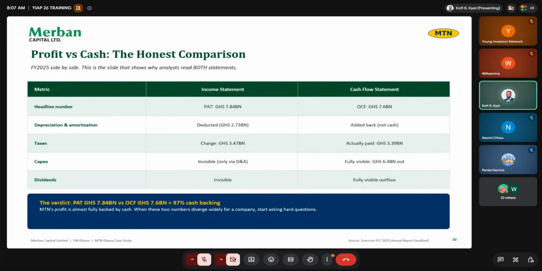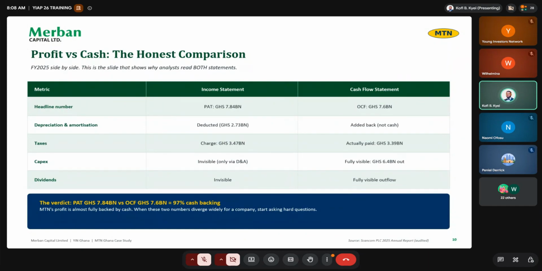Capex is not very visible, and D&A is not really money. In the cash flow, if an investment is made, you pay it out and it is seen in the cash flow statement. Dividends are not very visible in the income statement, but in the cash flow you see it. If it's received, you see it. If it's paid out, you see it. So these things are captured very visibly in the cash flow.